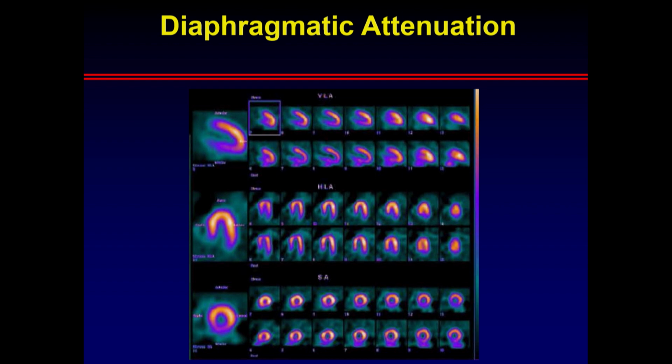Now, nowadays, we do have ways to get around these things. So, for instance, we do supine imaging, and then we do prone imaging. And prone imaging has become a really excellent way of eliminating both breast attenuation artifacts as well as diaphragmatic attenuation artifacts.